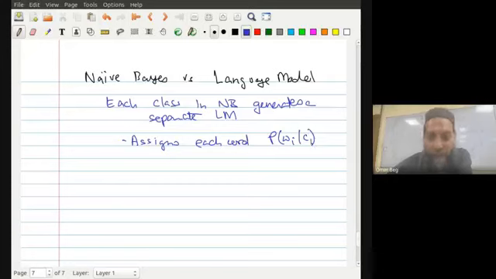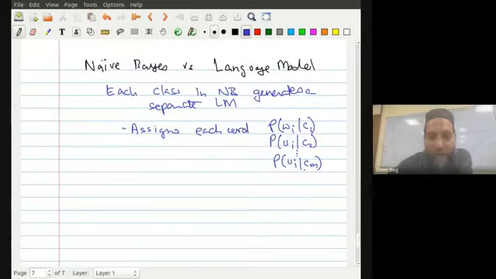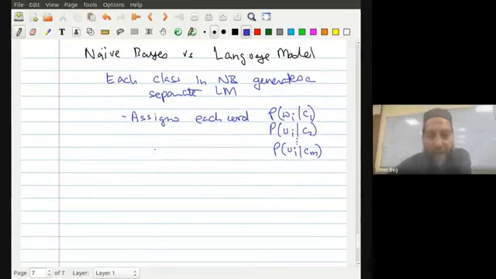Okay? So the same word would have a probability in class 1, a different probability in class 2, and a probability in, let's say, class M. So for every class, it has a separate language model.